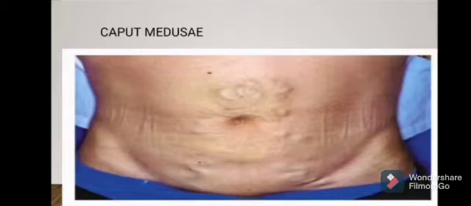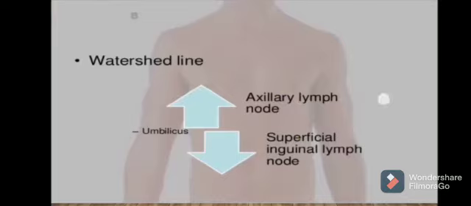So when there is a cirrhotic liver, or in any case there is another reason for portal hypertension, the vessels surrounding the umbilicus which are taking part in the anastomosis swell, and you can have a patient with these visibly swollen vessels on the abdomen, and these are called caput medusae.